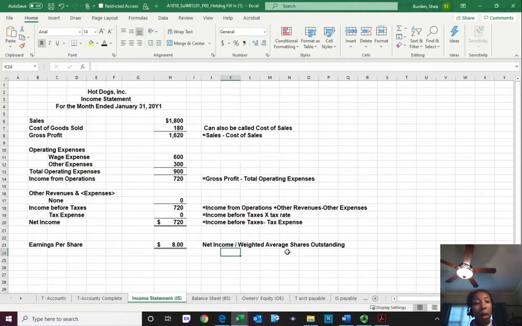As we get deeper into EPS, you're going to notice that if the number of shares changes, meaning you issue more shares during the year, you're going to need to weight the different amounts for how many months you had that amount of shares. So we won't worry about that today, but I do want your income statement to be complete. So you can take 720 and divide it by 90 shares, and it'll get you earnings per share of $8.